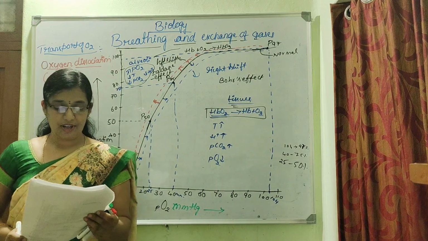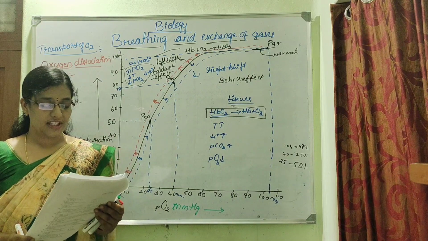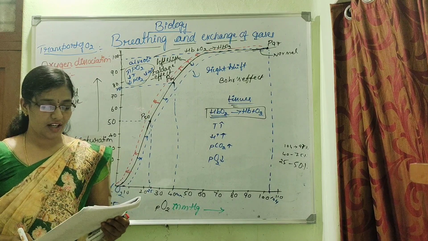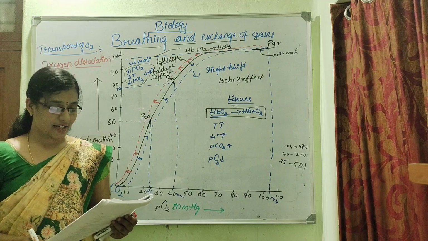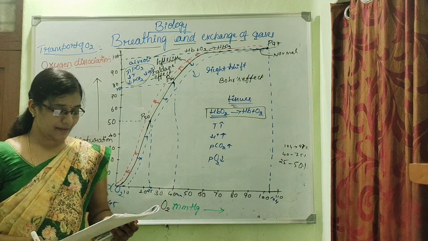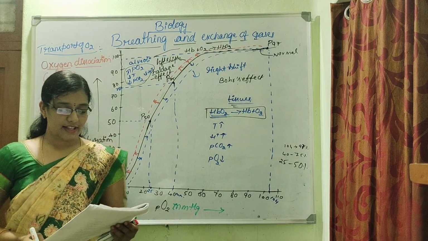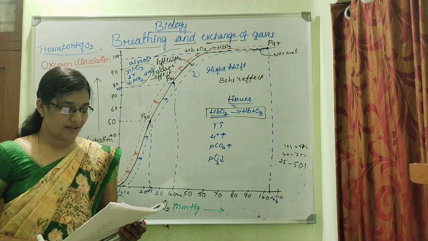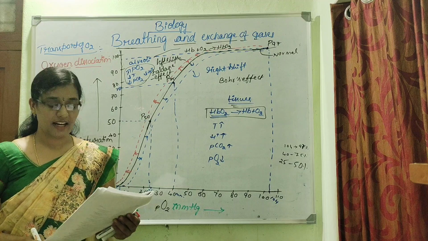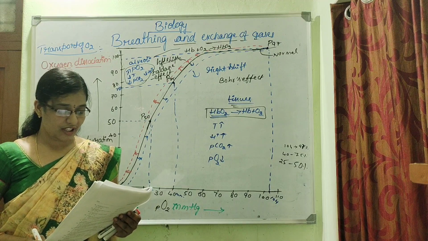Select the incorrect statement from the following. Option A, diffusion of oxygen occurs from alveoli to tissue. B, diffusion of carbon dioxide occurs from tissue to alveoli. C, amount of carbon dioxide diffused through membrane is higher than that of oxygen. D, partial pressure of oxygen is higher in pulmonary artery than in pulmonary vein.